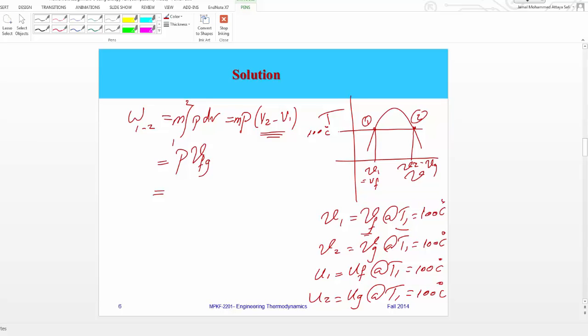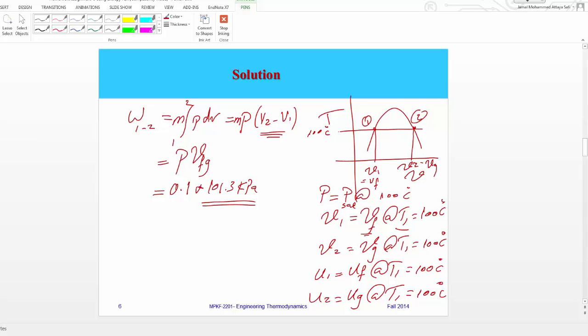You need to multiply by the mass to get the total work, the capital letter W. And if you put the mass here, multiplied by the pressure in kilopascal. Where did I get this number from? This number, both of them, it's a constant. It's the saturated pressure at 100 centigrade. You can also read it in the table at 100 centigrade, table A4.